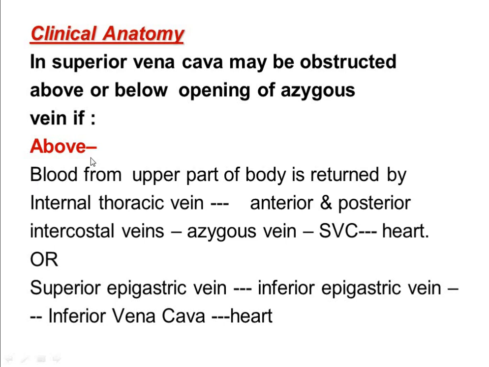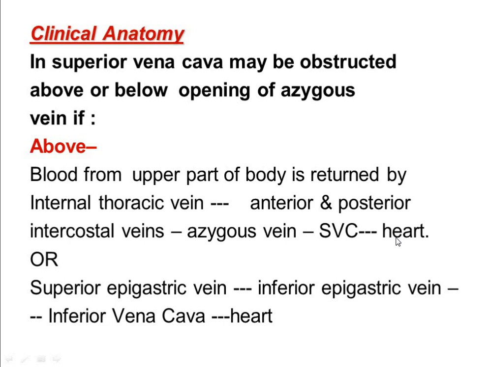If the superior vena cava obstruction is above the level of the azygous vein, venous blood from the upper part of the body is returned via the internal thoracic vein. From the internal thoracic vein it goes into the anterior and the posterior intercostal veins. From the anterior and posterior intercostal veins, the venous blood enters the azygous vein and then the superior vena cava and then into the right atrium.